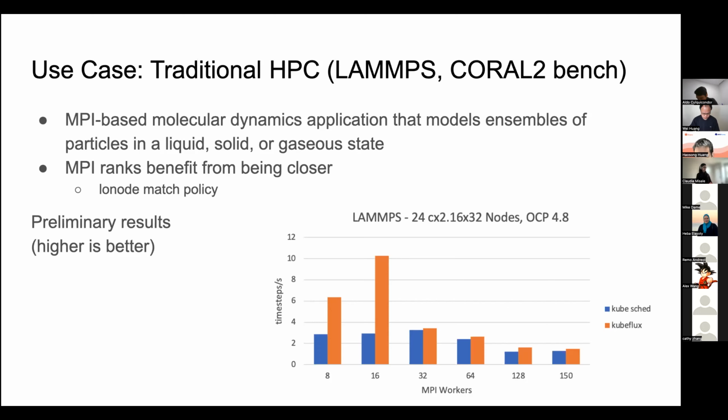Another optimization that can be done is to move that to Unix domain sockets. We didn't do that yet, but that's in the plan. But really, it's not introducing any latency. We've been measuring the startup time and the scheduling time between the kube-scheduler and KubeFlux, and there is really no difference.